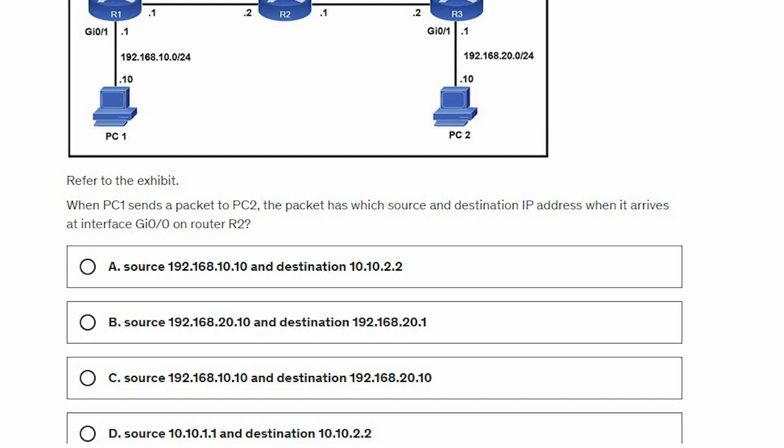When PC1 sends the packet to PC2, the packet has which source and destination IP address when it arrives at interface Gi0/0/0 on router R2. Answer number 1.